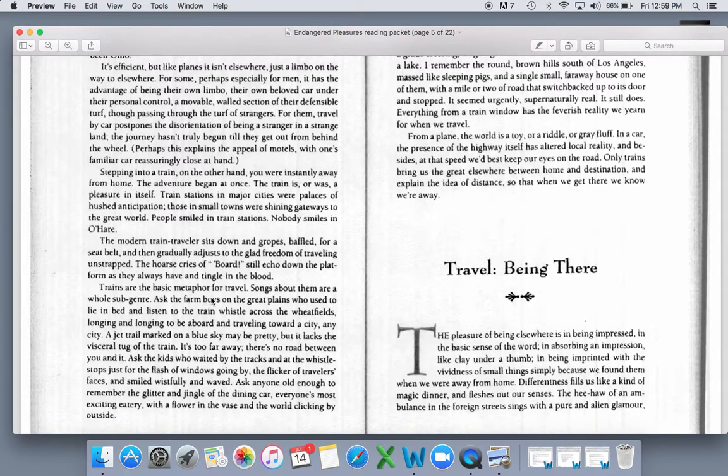Songs, farm boys, and maybe that's it. The kid who waited by the track. She's giving us these visuals, these illustrations, different scenarios that show that trains are a metaphor for travel, or they're synonymous with travel and a type of travel that so many people know. So definition claim and example mode of discourse.